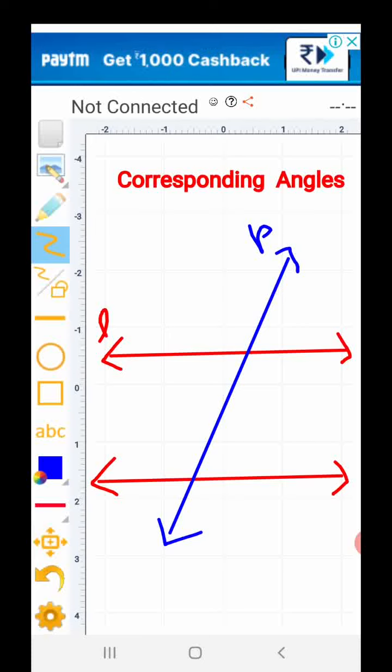Corresponding angles means the pair of angles on one side of the transversal. Suppose we see the right side of the transversal. This line is the transversal, no?